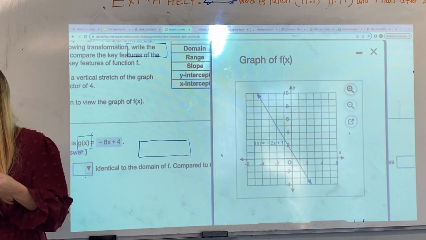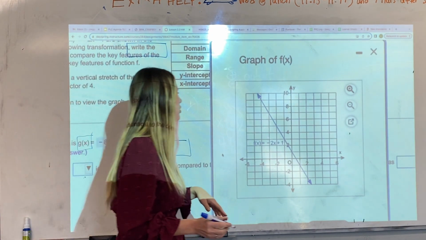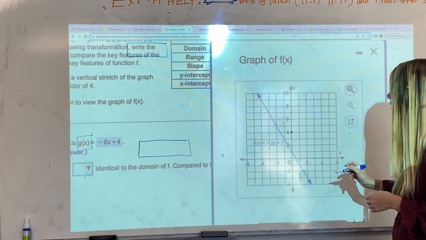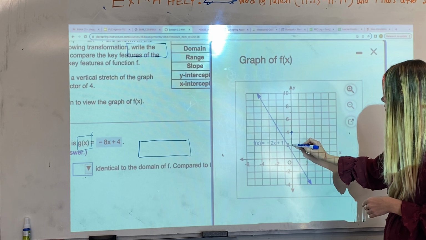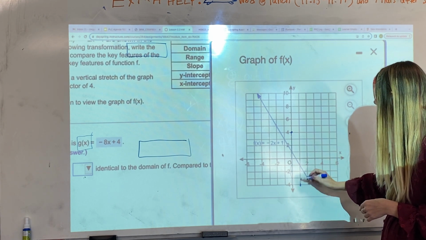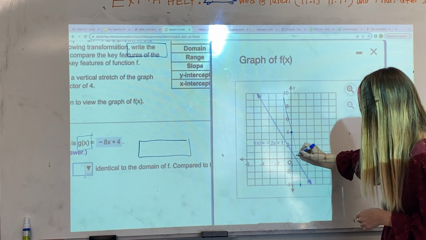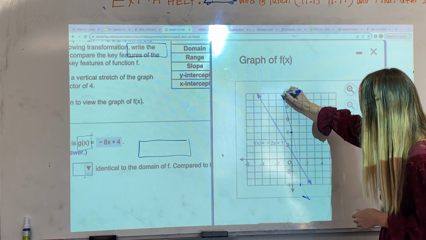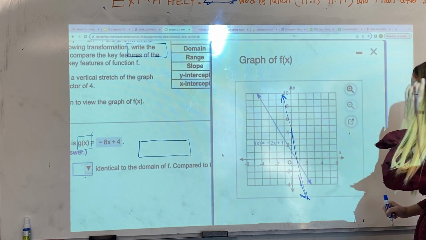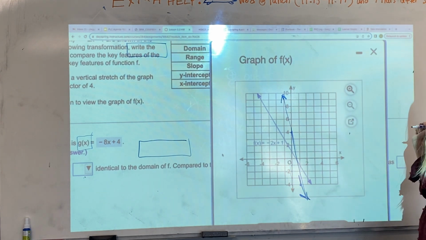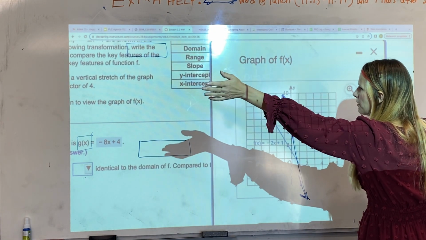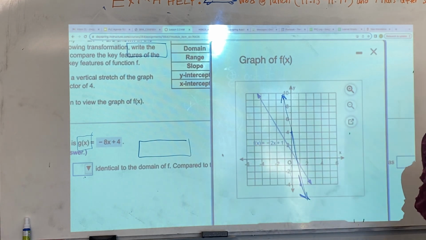If we were to graph negative 8x plus 4, we would graph our positive 4 here, and our negative 8 would be down 8, over 1. 1, 2, 3, 4, 5, 6, 7, 8, and then over 1. So we would have our little vertical stretch here. Sorry, I'm not going through my points very well. But the domain is still going to be exactly the same. They're both going from negative infinity to positive infinity on the x.